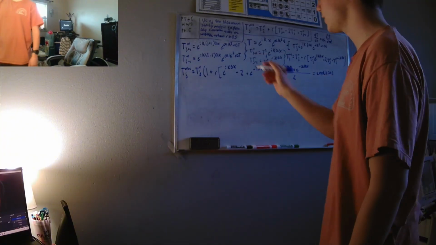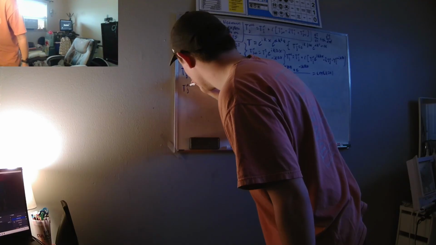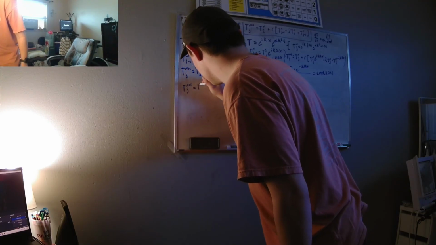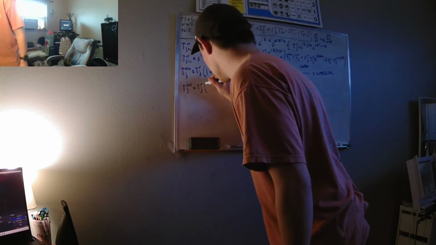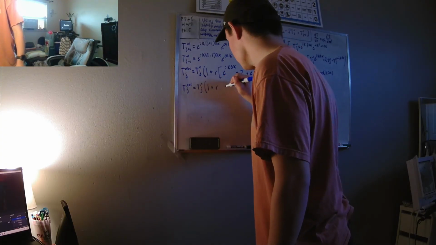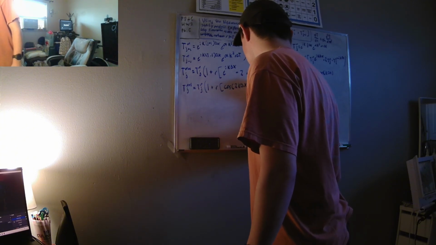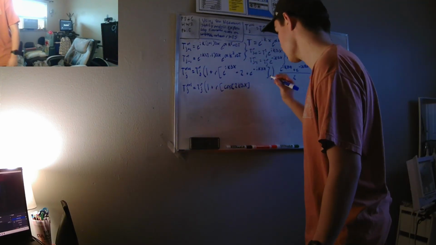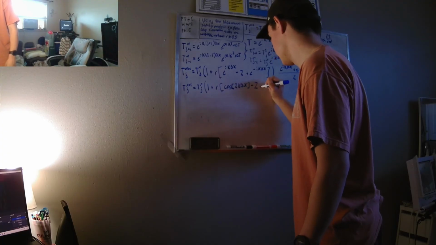Now subbing that into this expression, we get T j n plus 1 is going to equal T j n times 1 plus r times cosine of 2k delta x minus 2.